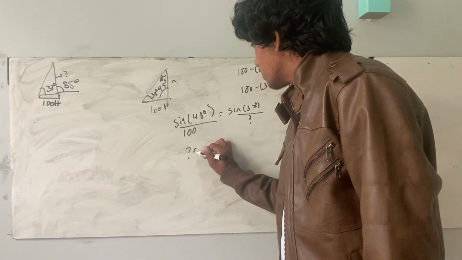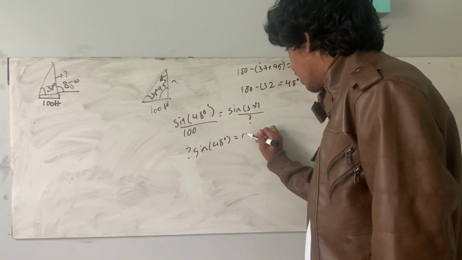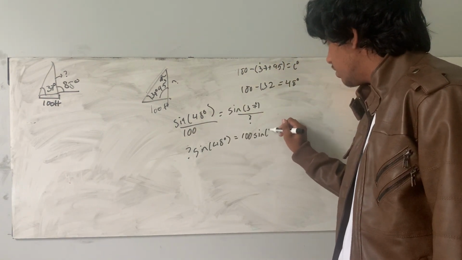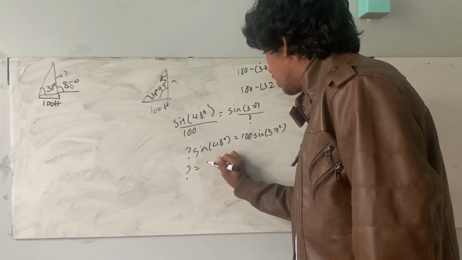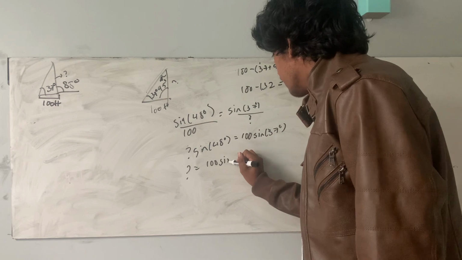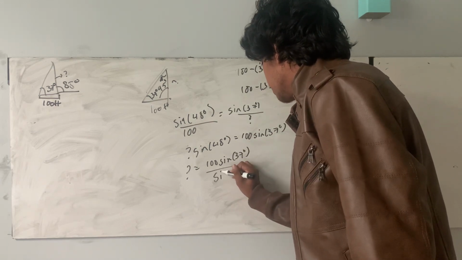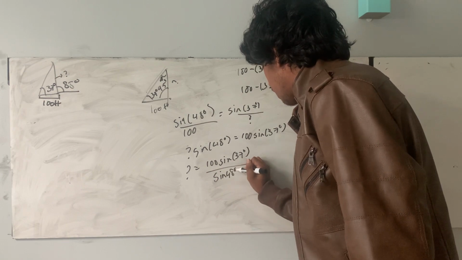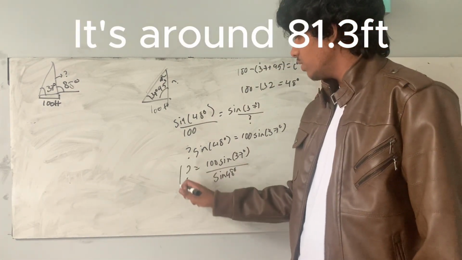So question mark times sine 48 degrees equals 100 times sine of 37 degrees. And then question mark would be 100 sine of 37 degrees over sine of 48 degrees. And that is your solution.